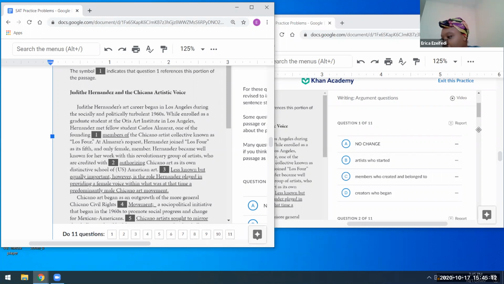What answer did you get, if anything? Brianna says A. Divya says C. Any others? We have A, we have C.